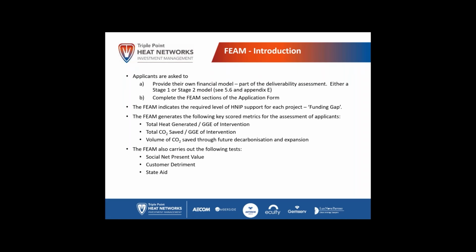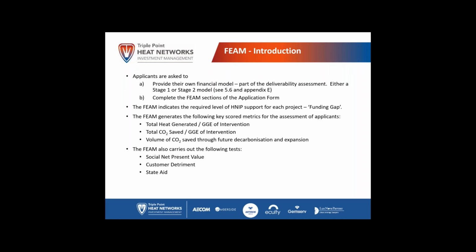You tell us what a commercial rate of return is for you, and we then size an intervention, either a grant intervention or a loan intervention, that raises the pre-intervention IRR up to your hurdle rate IRR that you notify us about. So that's fundamentally what it does.